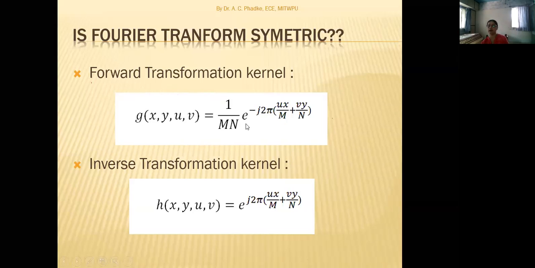In case of Fourier transform, it is e raised to minus j theta term. So tell me whether this Fourier transform is a real transform or a complex transform. Please type your answer.